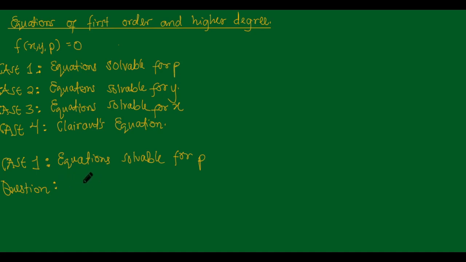The question says we should solve the differential equation x squared is equal to 1 plus dy dx squared. This is an example of a differential equation of first order and higher degree. First order in the sense that the highest derivative there is of order 1, that is dy dx.